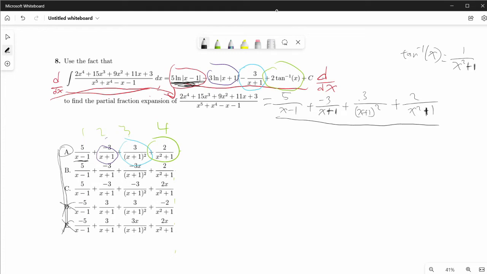And then for the third term, I can say it should be 3, like here. Chain rule, always remember the chain rule. So this is not right. There should not be an x term there, and it should not be negative 3. The last term is the same for all of them. It's just the third term that you can really compare to see which one is the right answer.